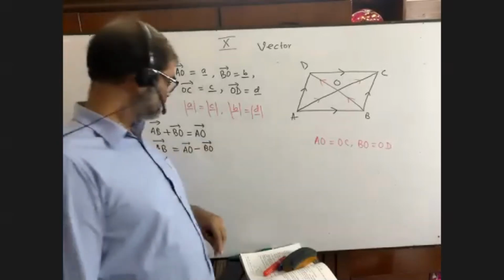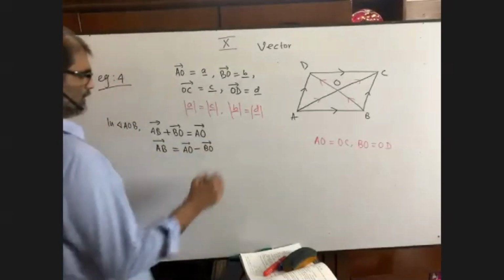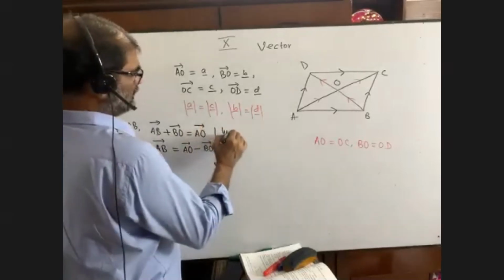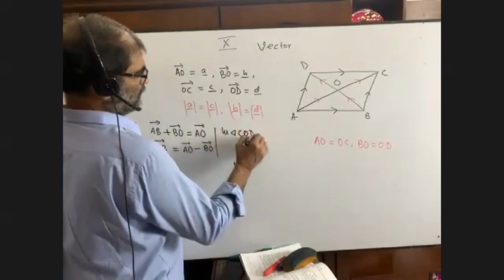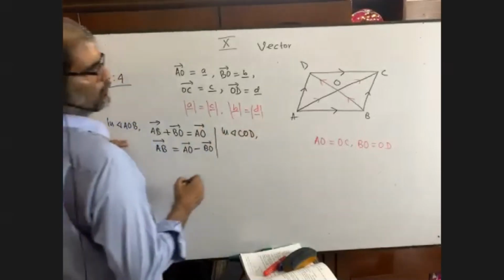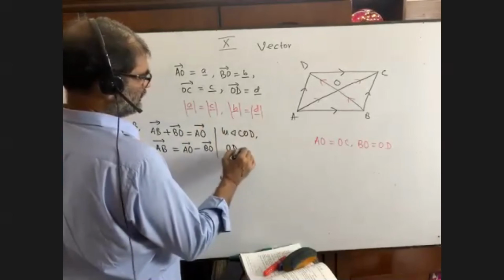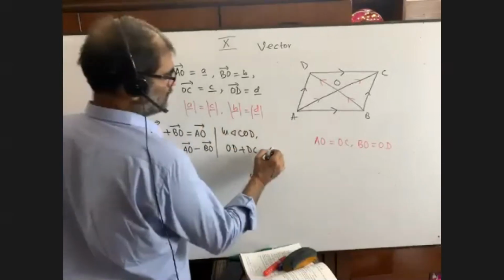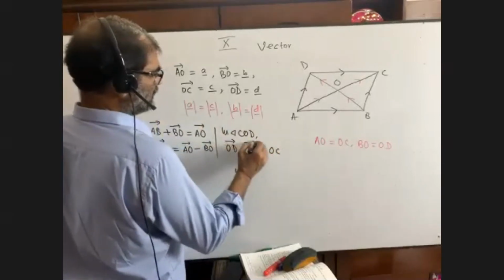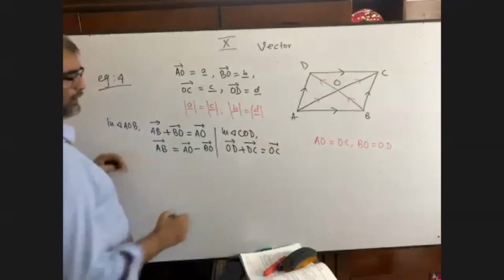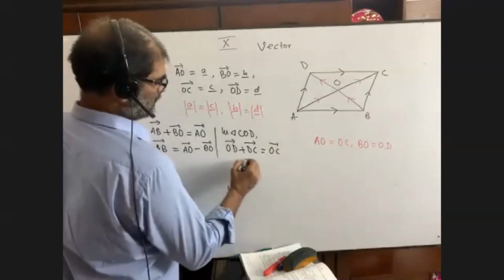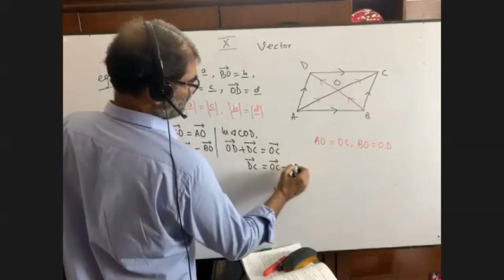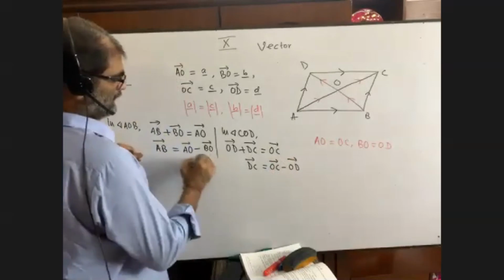Yes, sir. Similarly, in triangle COD, what can be written? OD plus DC is equal to OC. So from here, we can write down DC equals to OC minus OD. Suppose this is equation 1 and this is equation 2.